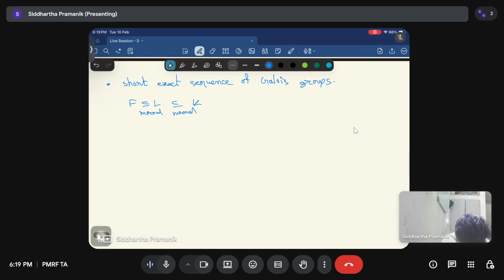After this, we have defined separability, the concept of separability.